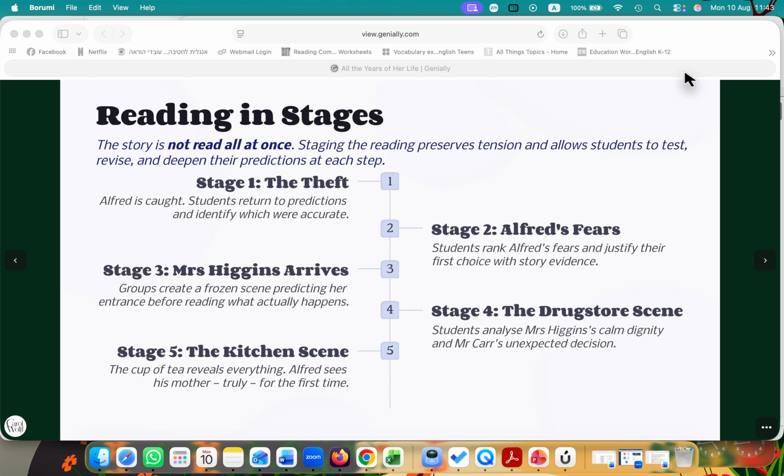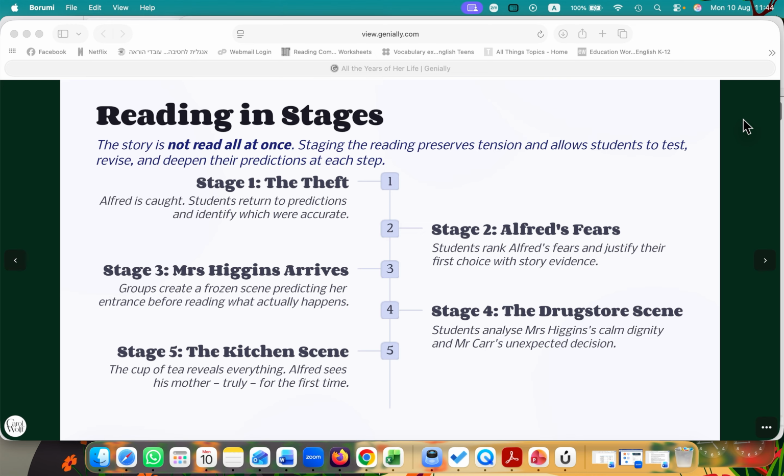Keep in mind, the story is read in 5 stages, not straight through, which keeps the tension alive and lets students test and revise predictions. Stage 1 is the theft, checking which predictions held up. Stage 2 has students ranking Alfred's fears.